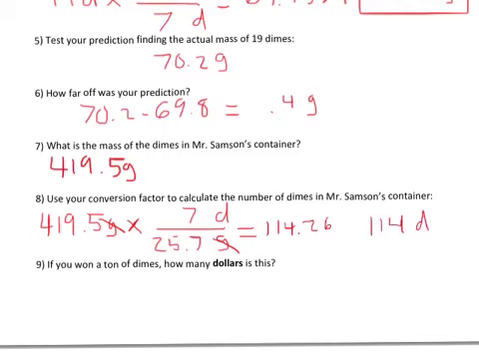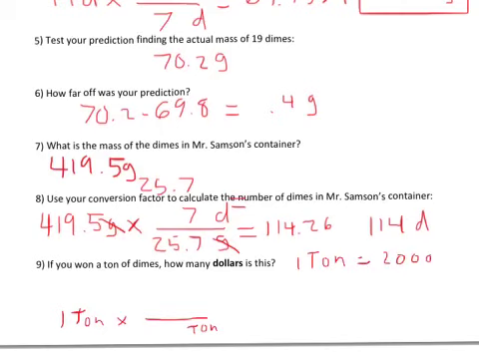Now, I like this next question. If I want a ton of dimes, how many dollars is this? So I have to have a few conversion factors. First of all, I'm going to start with 1 ton, and I'm going to convert that into dollars. One thing I need to know is that 1 ton equals 2,000 pounds.